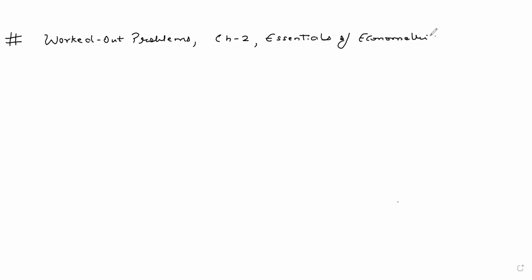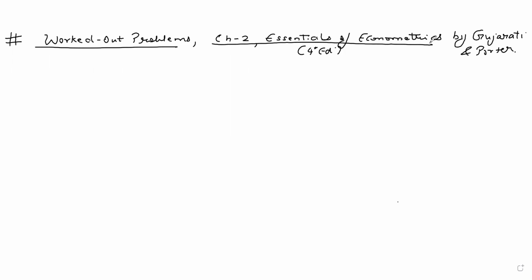In this particular lecture, I will be discussing a few back problems, worked out problems from the book Essentials of Econometrics by Gujarati and Porter. The edition which I am referring to is the 4th edition of this book.